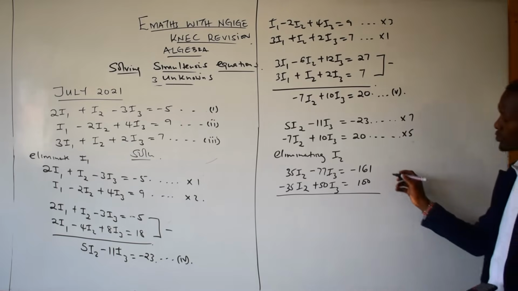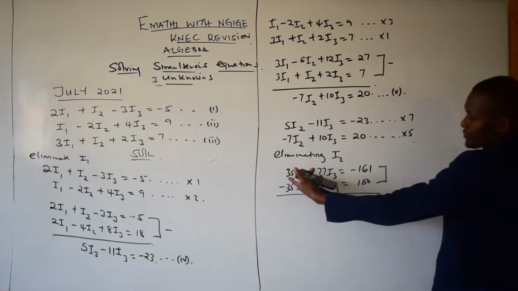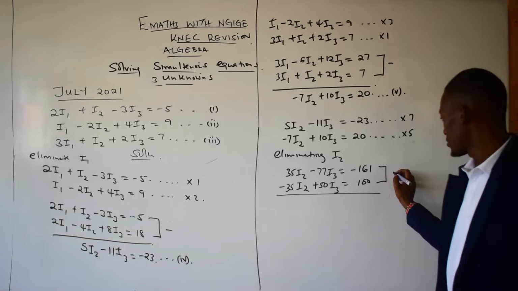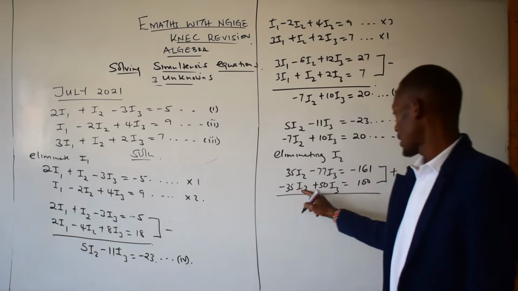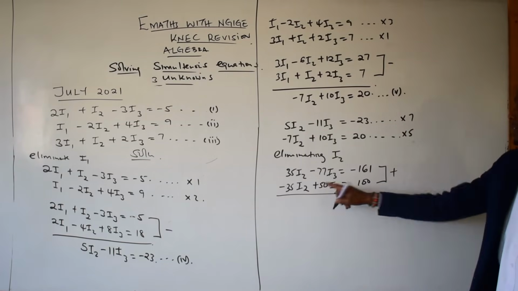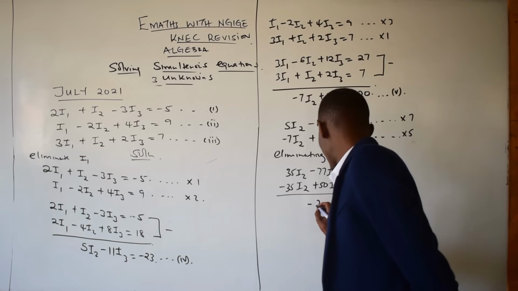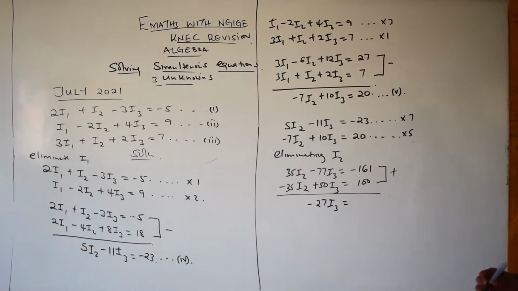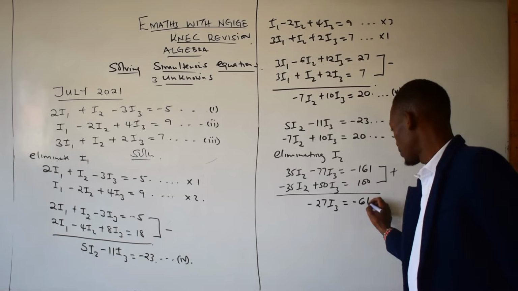Now, what will you do with these two equations to eliminate I2? Remember, if you subtract, you have 35 minus negative 35, which does not cancel. So you shall add the two equations. This added to that will give you 0. Now negative 77 plus 50 will give you negative 27I3. Then negative 161 plus 100 gives you negative 61.